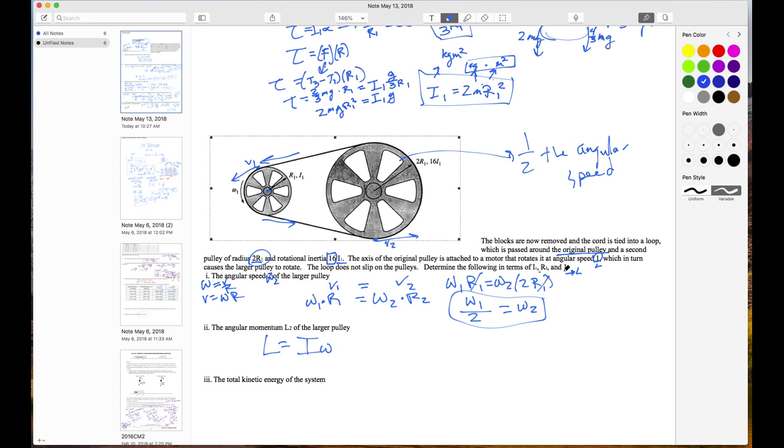We can also use omega 1 here, because that's given. So we know the rotational inertia here.